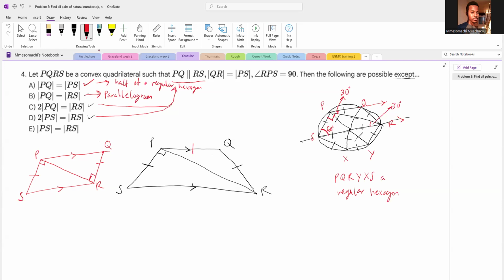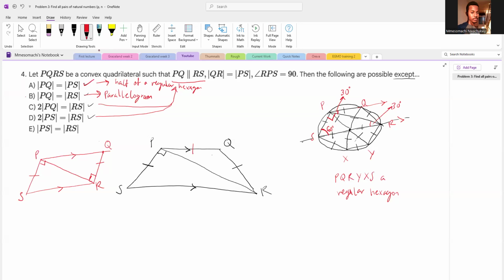There are a lot of ways we can do this. We can basically copy this triangle, create a second congruent triangle and append it so that we create a parallelogram. We know that in a parallelogram, opposite sides are equal. So this is a possibility. So that is a parallelogram.